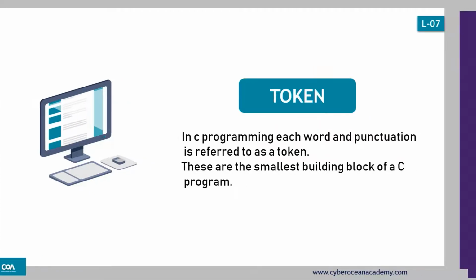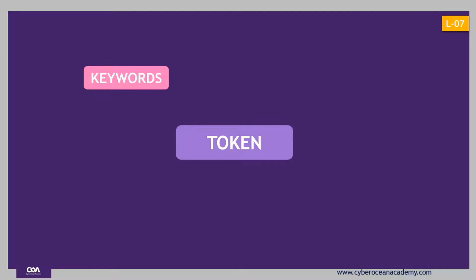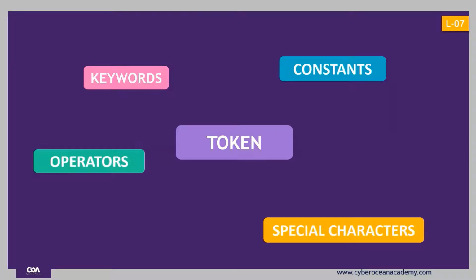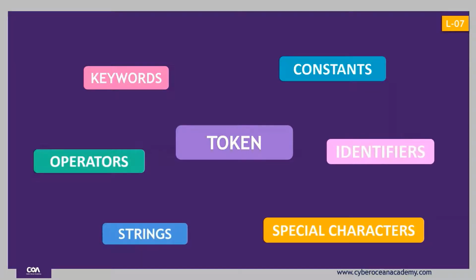Further, tokens are divided into 6 different parts: keywords, constants, operators, special characters, strings, and identifiers. In today's lecture, we will discuss keywords and identifiers.